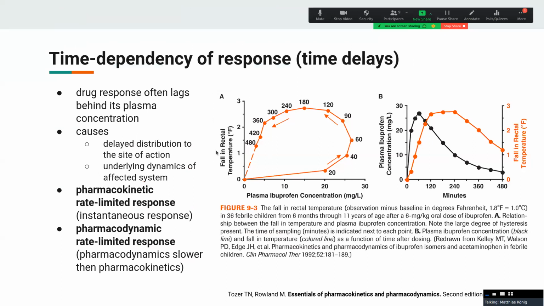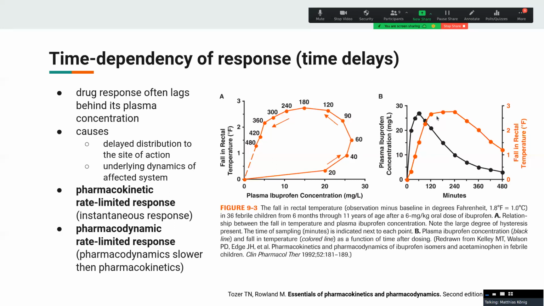An important thing about pharmacodynamics is these time delays. What you often have is that you see the concentration here in black of a drug. In this case it's ibuprofen, and on the other hand you see a delayed biological response, for instance here a fall in rectal temperature.